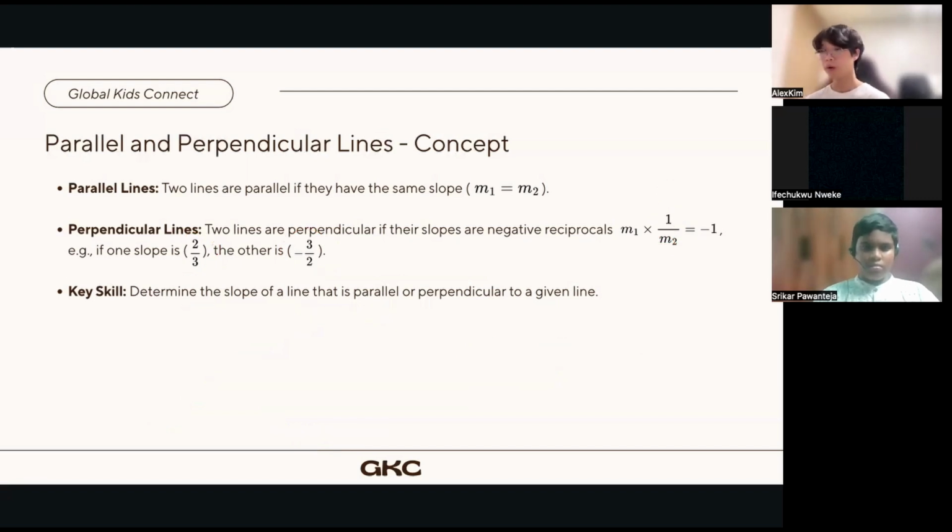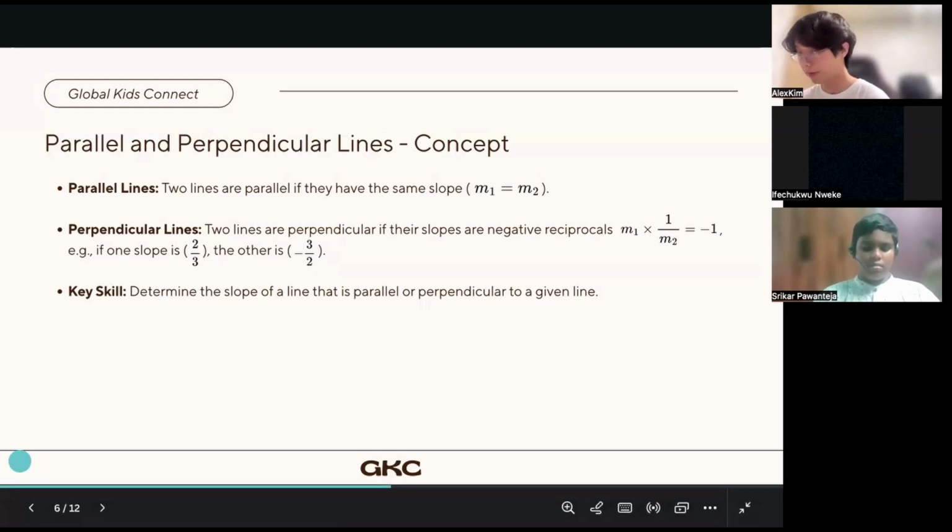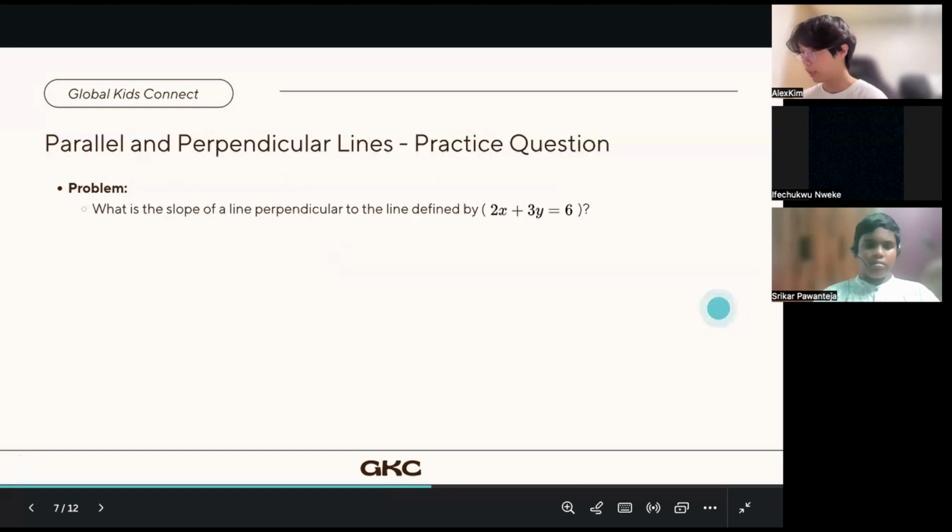Key skills for problems related to this concept are to determine the slope of a line that is parallel or perpendicular to a given line. Most questions related to parallel and perpendicular lines will be related to slopes and will ask you to find the slope, whether as the final answer or in between your solving. So we can move on to an example question.